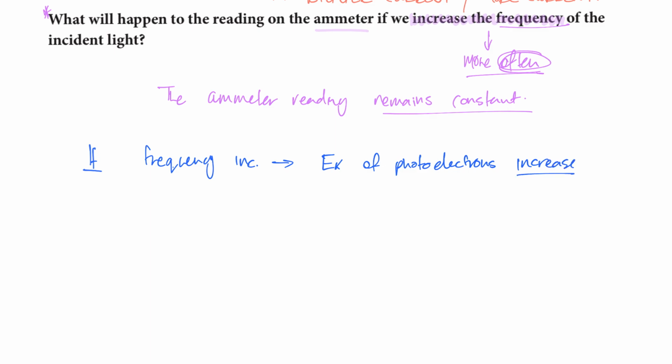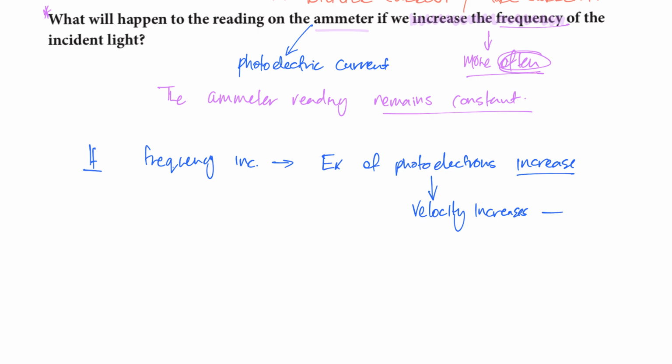So why doesn't the photoelectric current, which is what we call it on the ammeter, increase? If the EK of the photoelectron increases, that means the velocity increases.